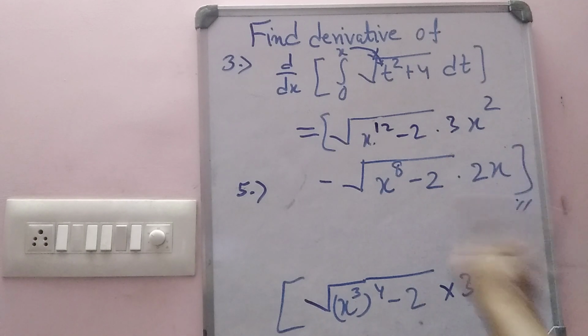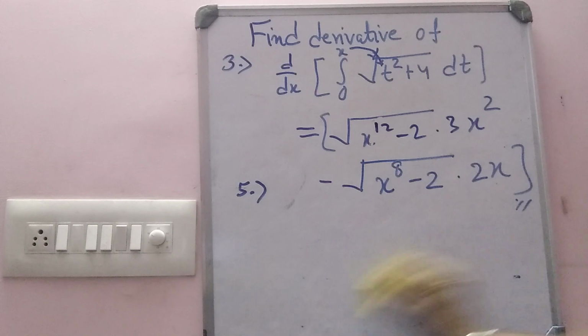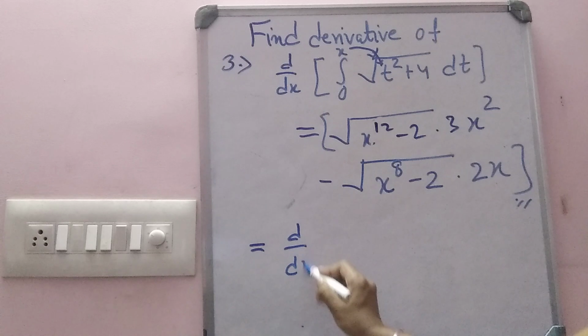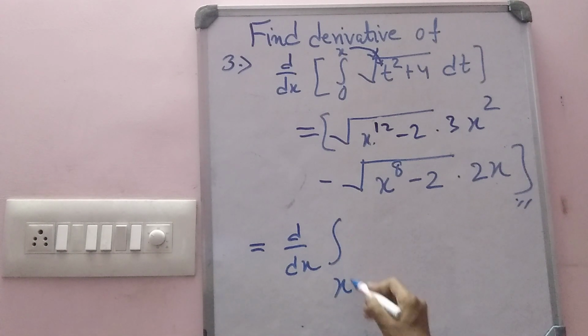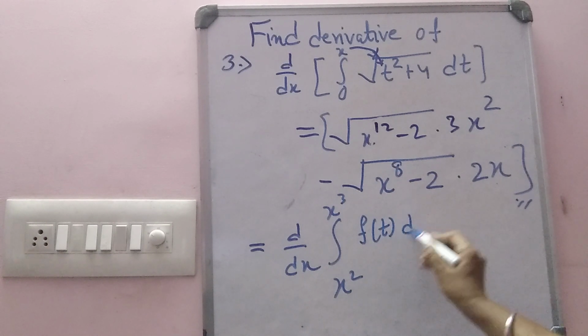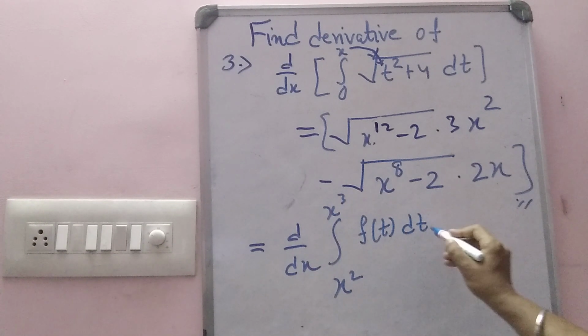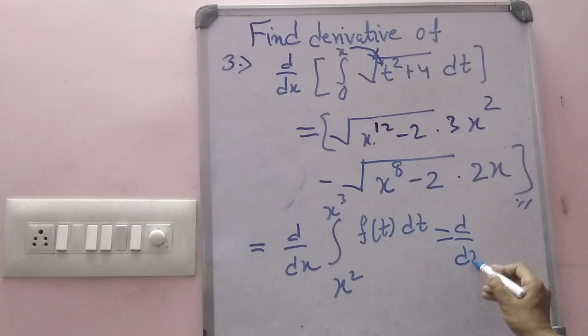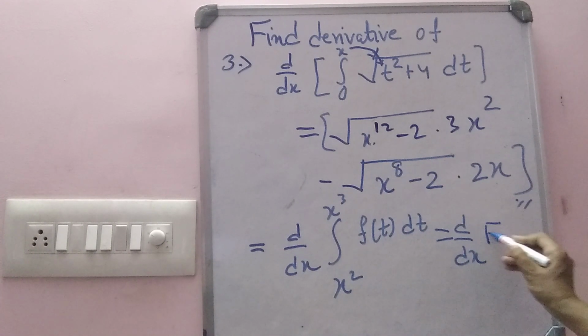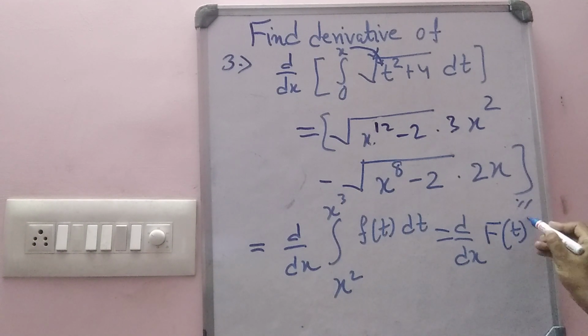Now I am explaining how the answer comes. See here. What was our problem? d by dx, x square to x cube f of t dt. Now we can write it is equal to d by dx. Earlier I told you that the integral of f of t we can write as capital F of t with your given limit.